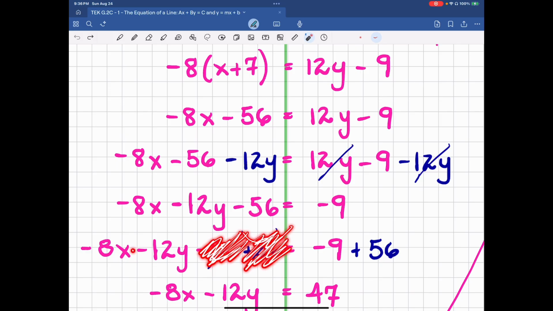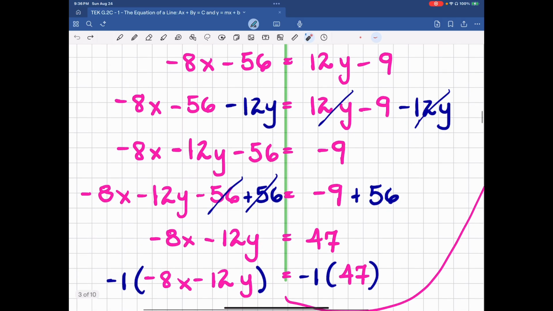So I have my negative 8x minus 12y, and then I have a negative 9 plus 56. A negative 9 plus 56 will push me over into the positive area of the number line, moving me to 47. So look what we have here.